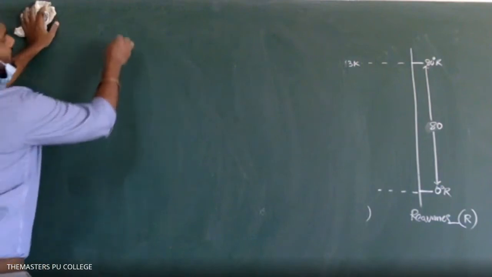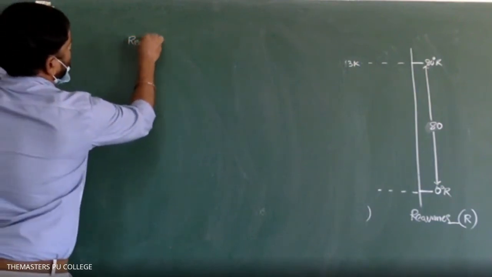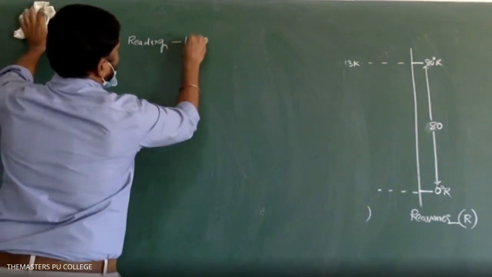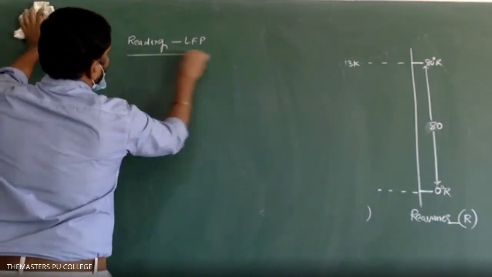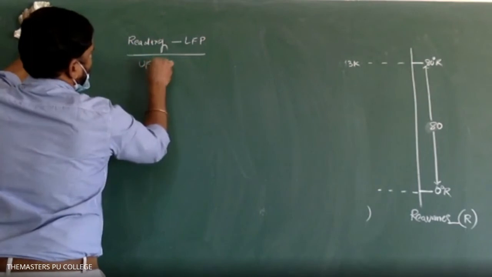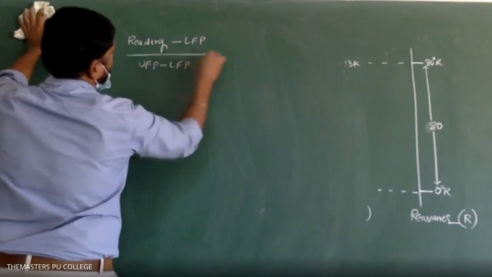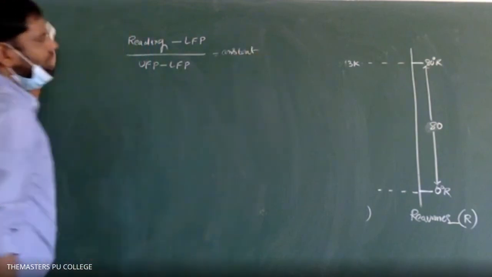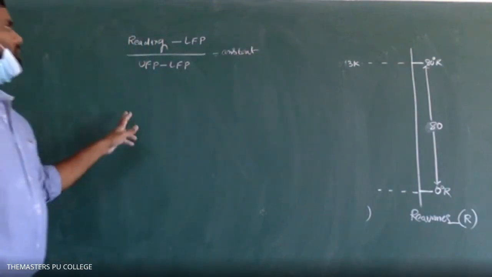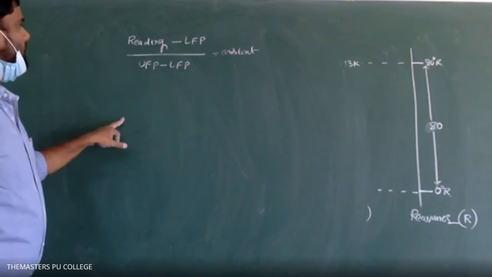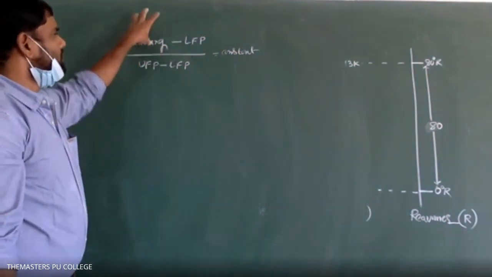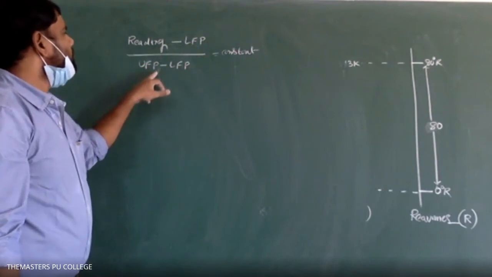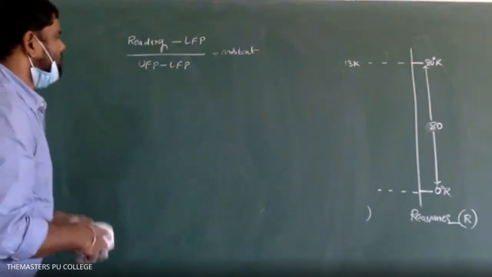The formula is: reading minus LFP divided by UFP minus LFP is equal to a constant. While transferring the temperature from one scale to another, the reading of the temperature on that particular scale minus LFP upon UFP minus LFP equals a constant.